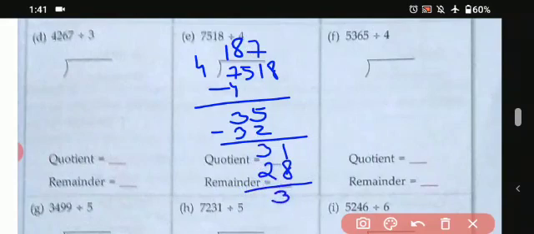Again we'll be writing here 8. The next digit will come down, so 38. Does 38 come? No. We'll find the smaller multiple, that is 36. How many times? 9 times. 4 nines are 36. So 38 minus 36 is 2.